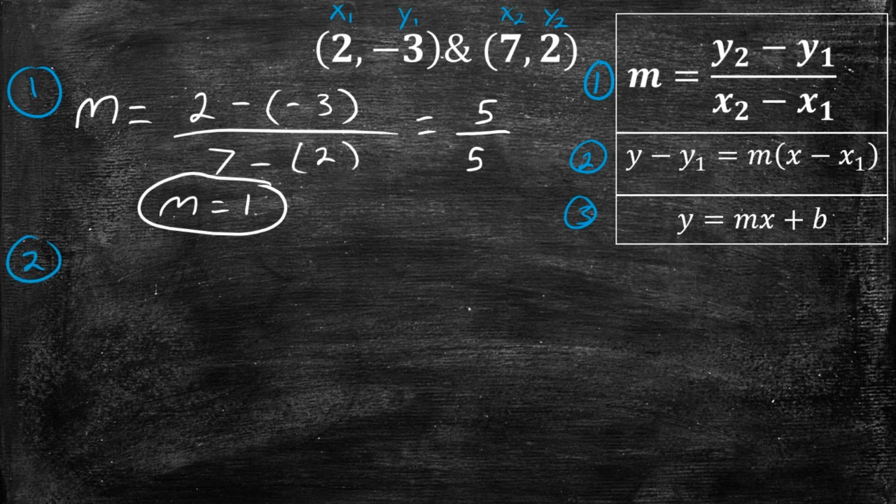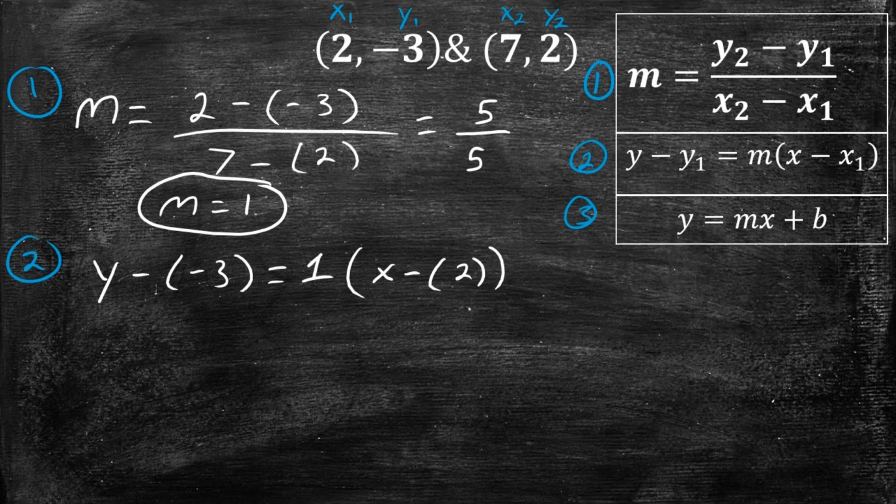And what we want to do is write down our point slope form. And in this case also, you can pick any of the points, but I'm going to try to keep it consistent and use the same y1 and x1 that I used before. So we get y minus y1, which is negative 3, is equal to m, which is 1, times x minus our x1, which is 2.